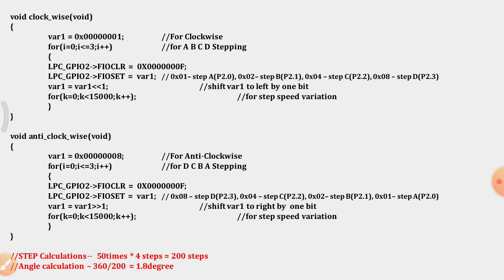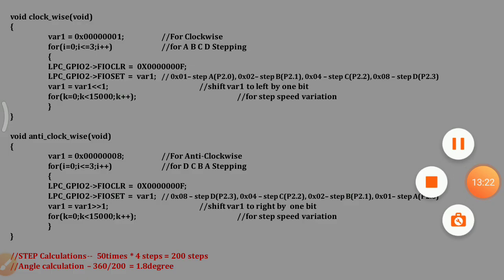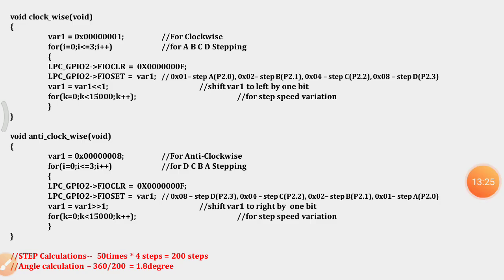Here we are generating 200 steps. And the angle calculation for this is total 360 degrees divided by 200 steps, that is going to be 1.8 degrees per step. The standard is going to be 1.8 degrees per step. We cannot go below this, but we can go more than this by decreasing the step sizes.